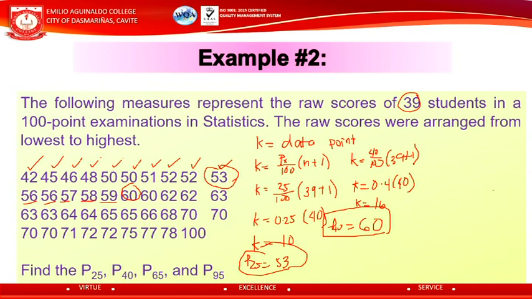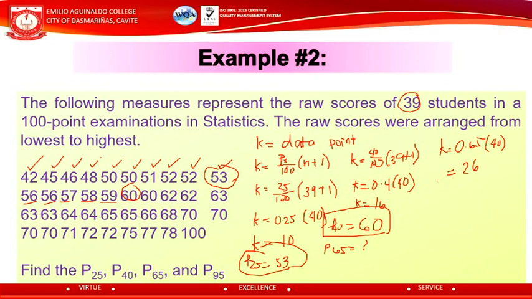Now let us solve for the third one, which is the 65th percentile. So P65. We're looking for this. Let us solve for the k first. So k of the 65th percentile will be equivalent to 0.65, multiplied by n plus 1, which is 40. If we're going to use our calculator to solve this, it will give us 26.